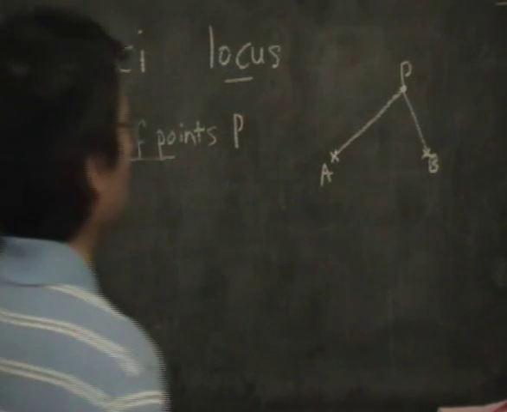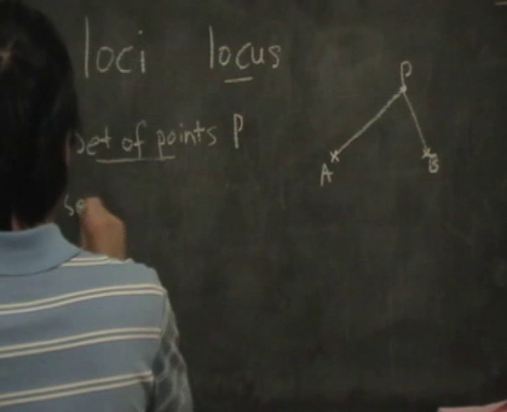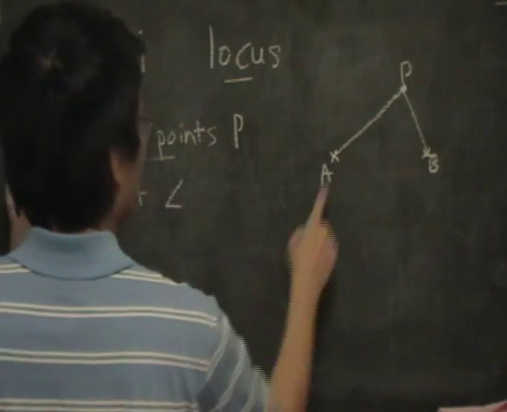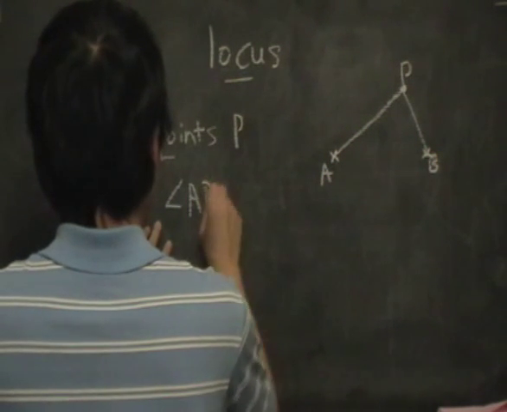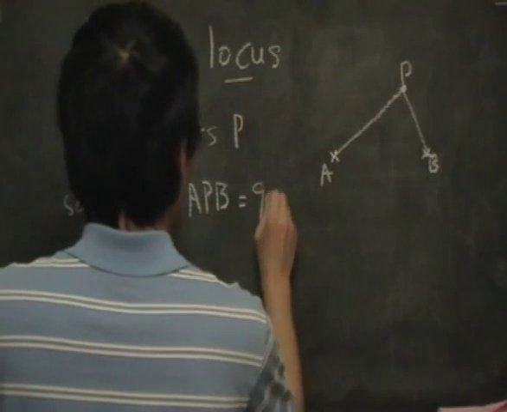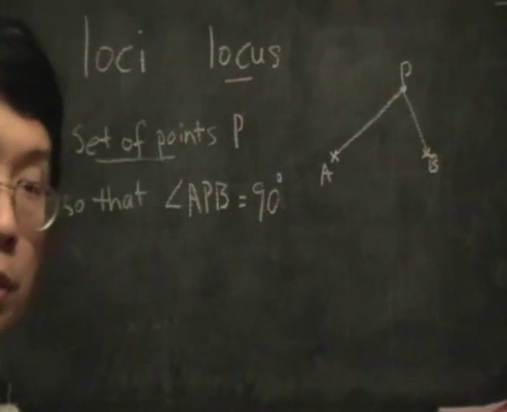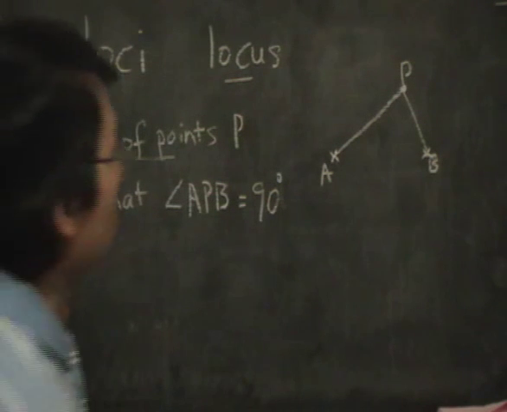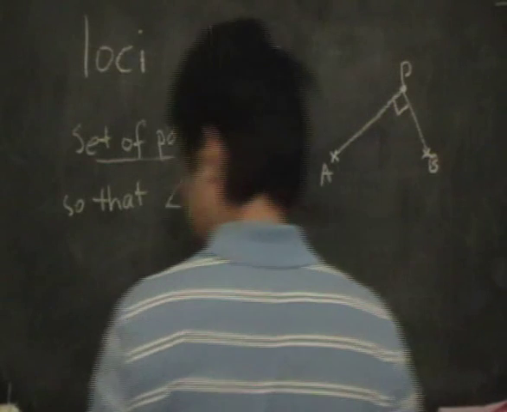So I want a set of point P's so that the angle APB is always equal to 90 degrees.